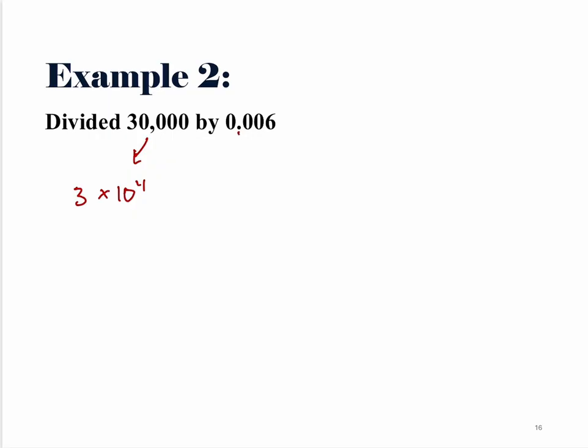The decimal place starts here. We move it 1, 2. We're still less than 1 there, right? So we have to be in between 1 and 10. Move it over one more time to right there. So now we have the coefficient, which is 6 times 10 to the minus 3. It's minus because we moved it to the right, right?